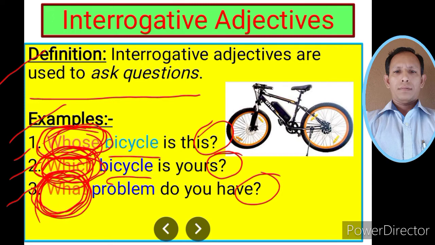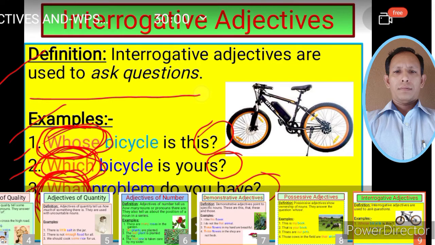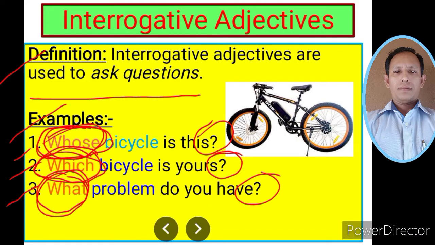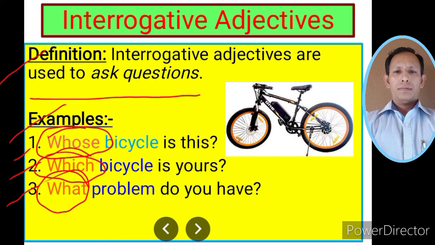This adjective also is telling something about the noun problem. So, the words which tell something or describe a noun or a pronoun are adjectives. So these three words are used to tell something or describe nouns, therefore they are adjectives, and these adjectives are used to ask questions, therefore they are interrogative adjectives.